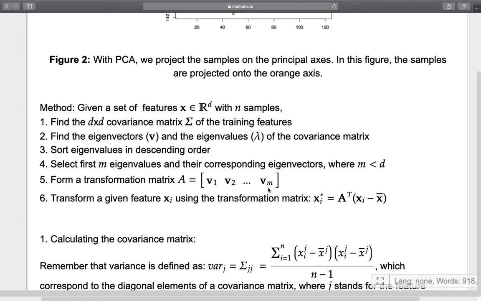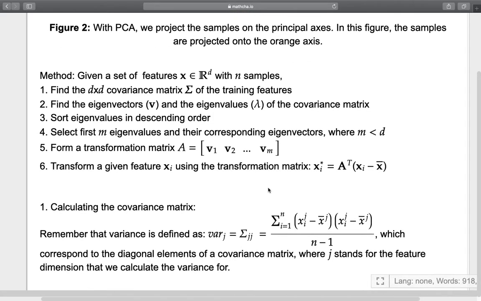So our method with principal component analysis: we are given a set of features, x, where x is a member of R^d. So we have d-dimensional samples, and suppose that we have n samples in total.